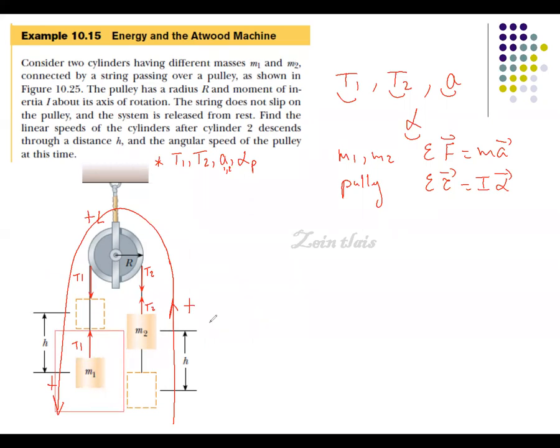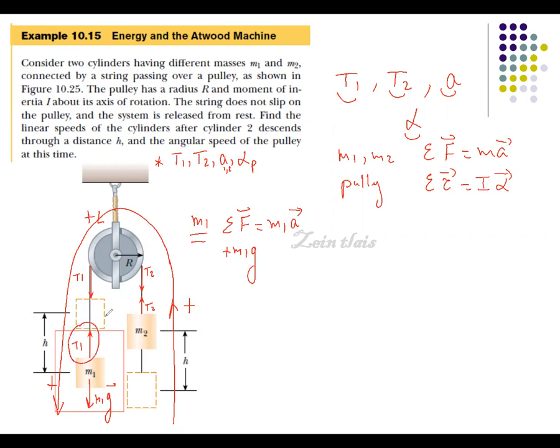What we have? For the object M1, we have summation of F equals M1 times A. We have M1 times G in the positive direction, plus M1 times G. T1, I take the system.